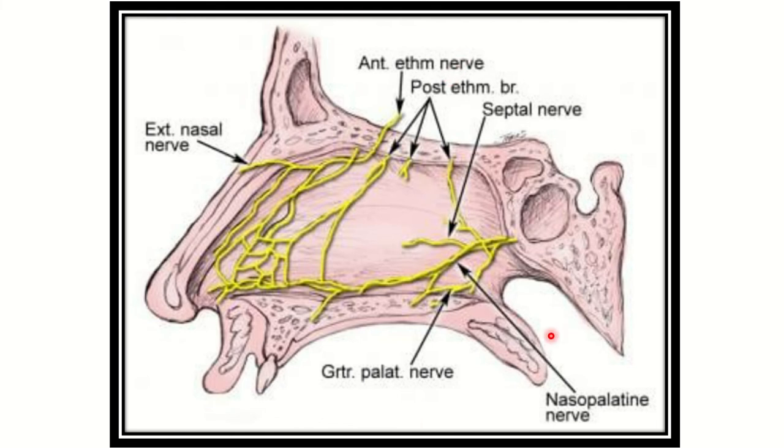All of these names should be remembered for the MRCS exam: anterior ethmoidal, posterior ethmoidal, nasopalatine, and greater palatine. These are the four main nerves, and the septal branch arises from here. This is the nasopalatine, and here we can see the external nasal nerve, which arises from the anterior ethmoidal nerve.